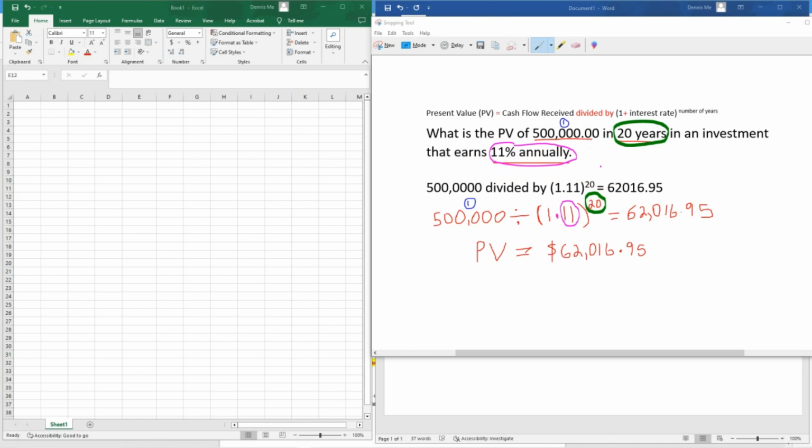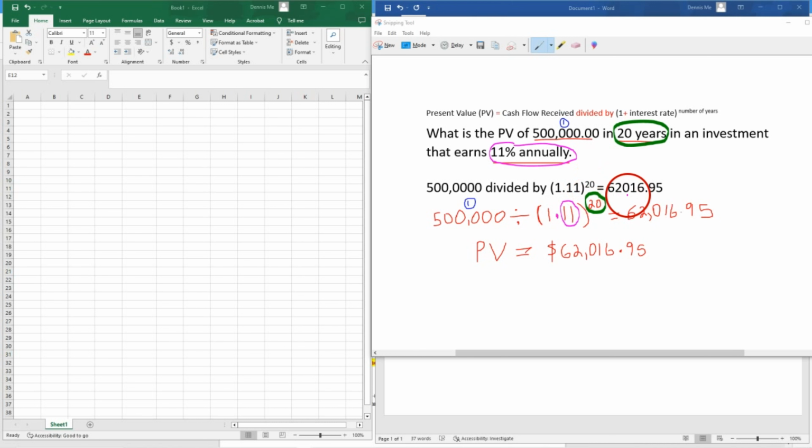You could determine, okay, how much money is that in today's calculation? If you were to work backwards, determine the present value of that $500,000 in 20 years, earning 11% during the period. How much money is that in today's money? That's what we do here. You take the payout, the $500,000, divided by 1 plus the interest rate raised to the power, the exponent, the number of years.